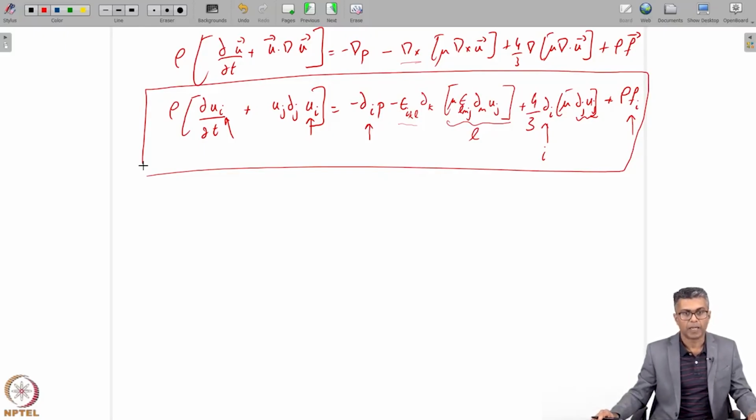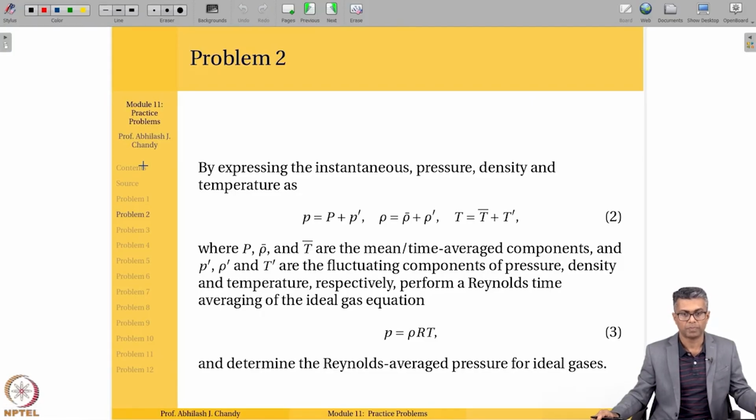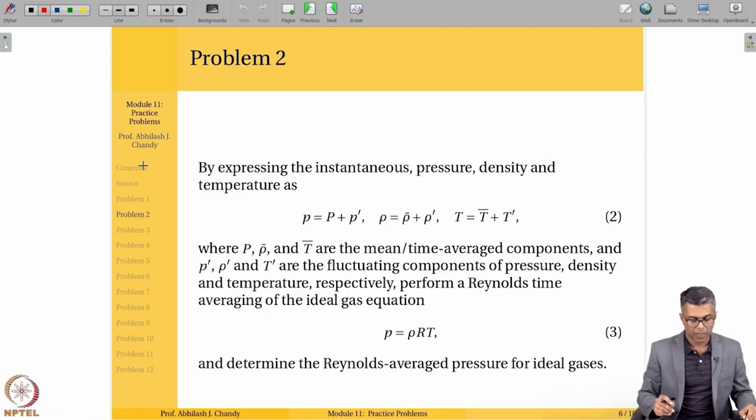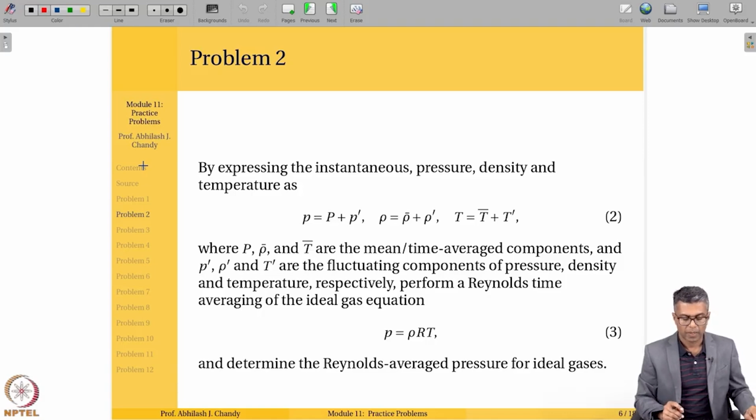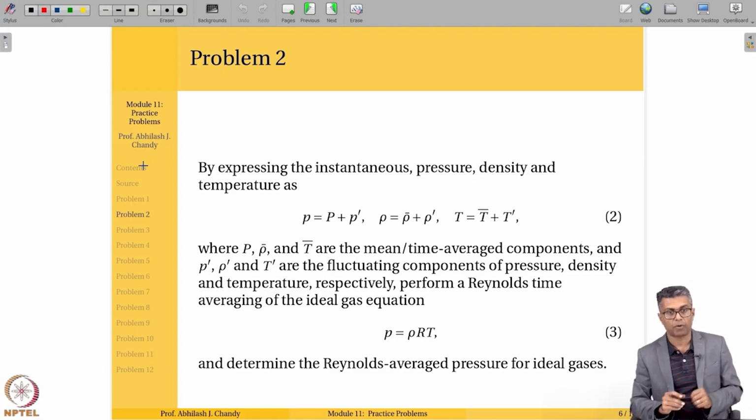Okay, let's try another problem. So here this is the second problem.